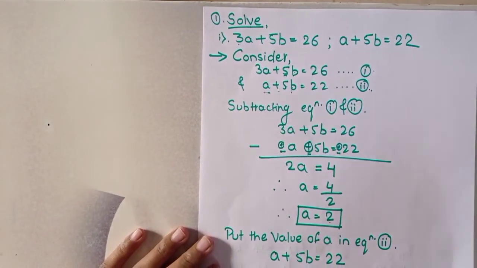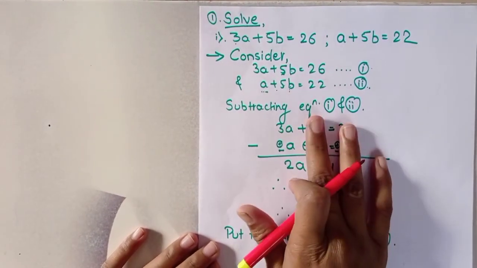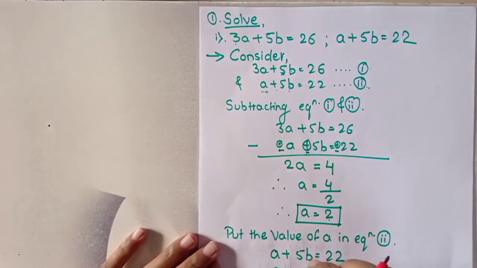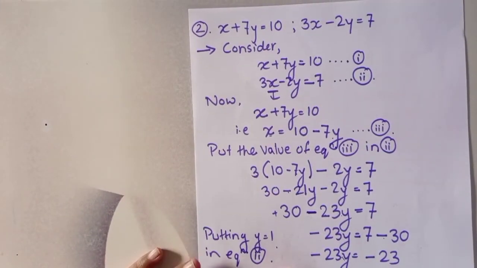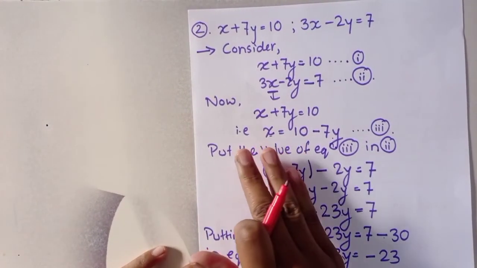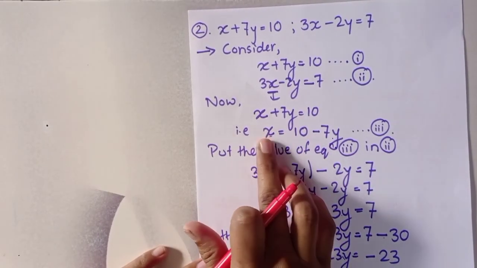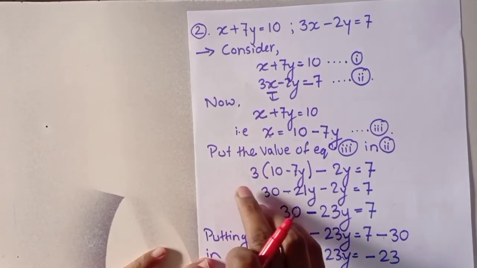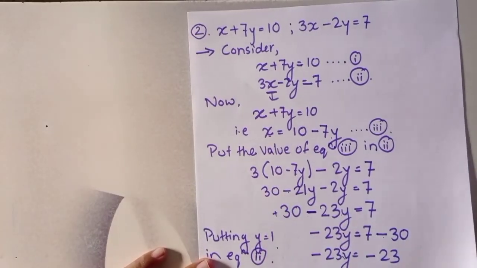In the first problem we eliminated one variable, found the value of the other, and then put that value in any of the above equations. In the second problem, we took all the terms on one side, kept only one variable on the other side, and substituted that value in the other equation.